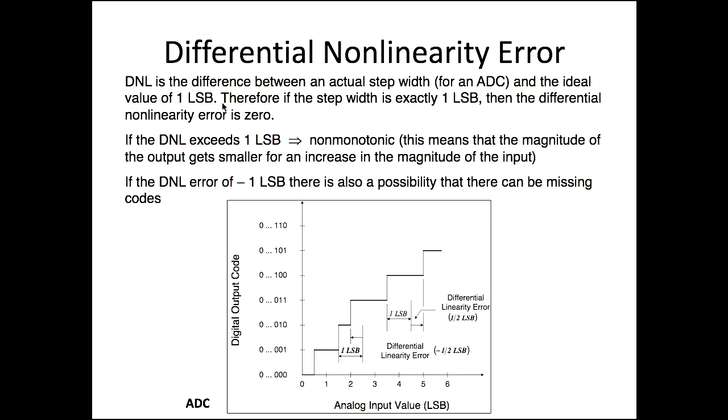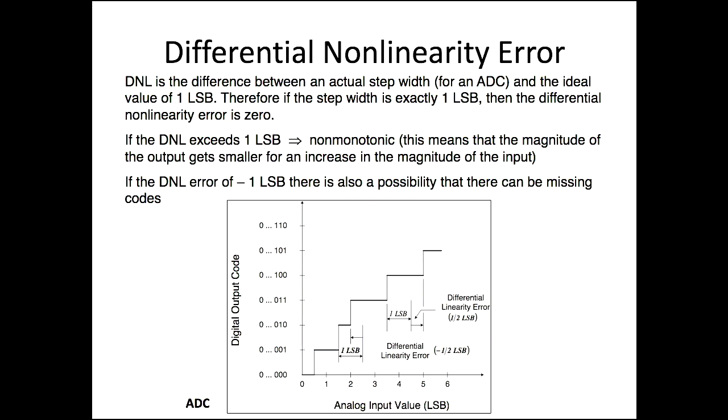So there is another trouble: a difference in the 1 LSB value. If the step width is exactly 1 LSB, then the differential non-linearity error is 0. It means you calculate your LSB.